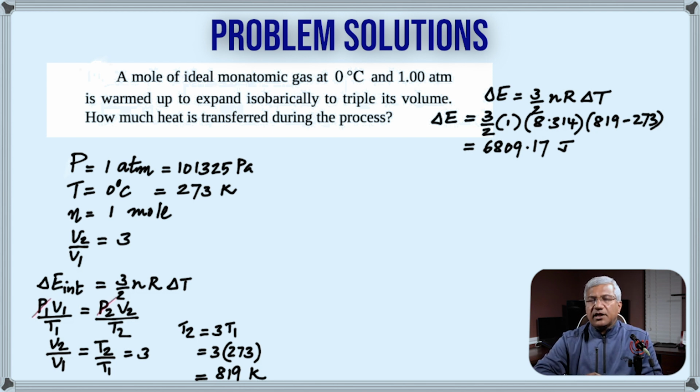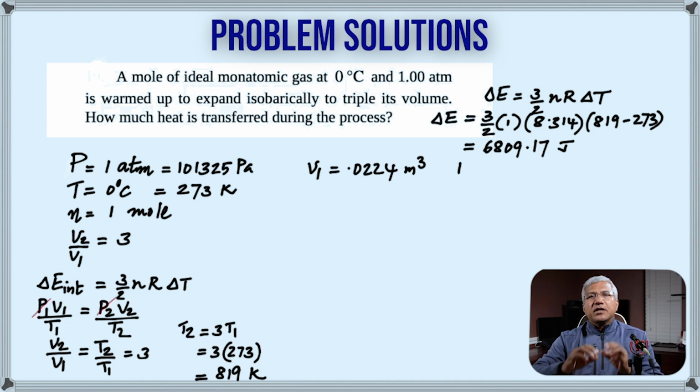All right, what are we looking for? We're trying to find the quantity of heat transferred during the process. So V1 is 0.0224 meter cube. Why? 1 mole of an ideal gas, if kept at 0 degrees Celsius and 1 atm, will have a volume of 0.0224 meter cube.